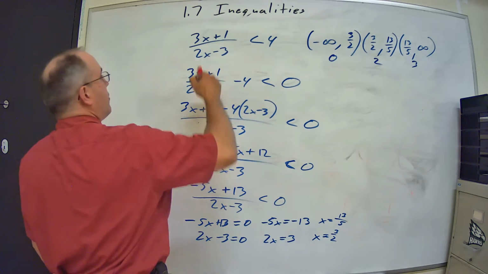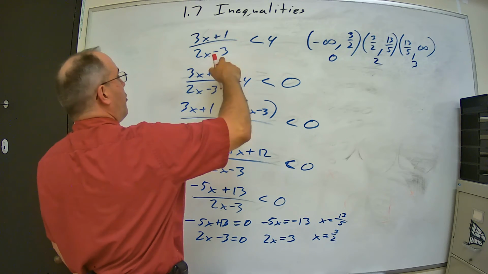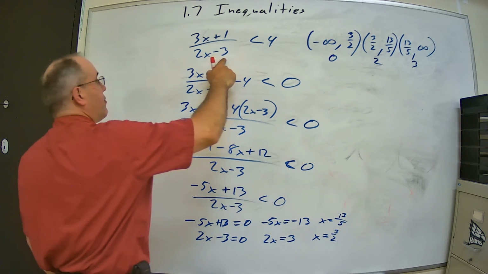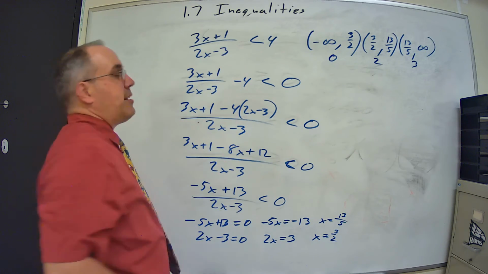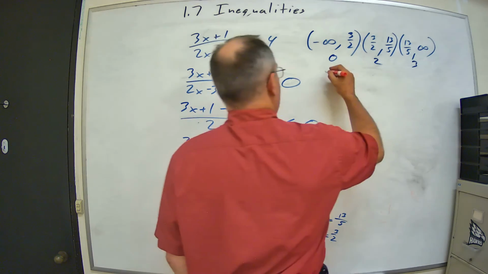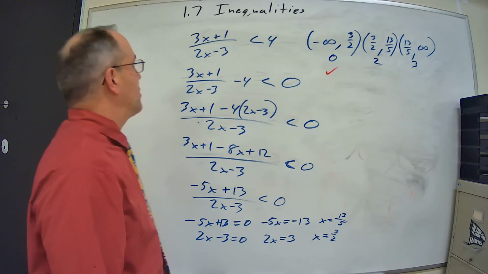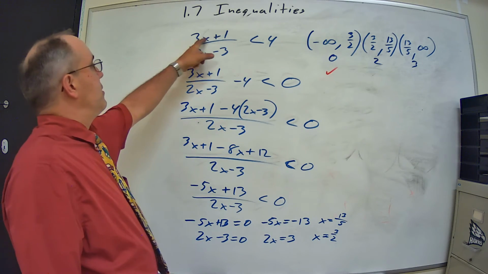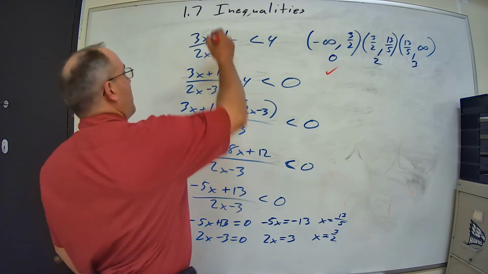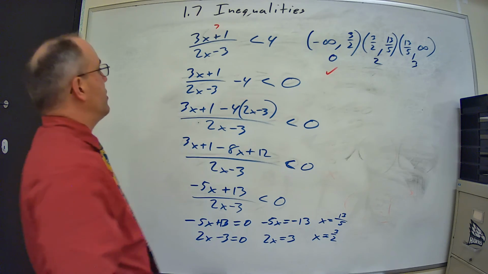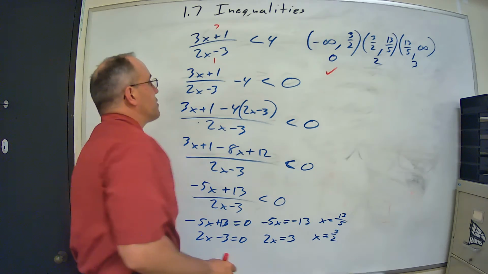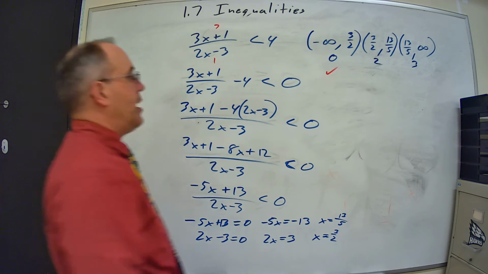Plugging in 0, 1 over negative 3 gives us negative 1/3, which is less than 4. So that one works. 2. 6 plus 1 is 7. 4 minus 3 is 1. 7 less than 4? Nope, that didn't work.